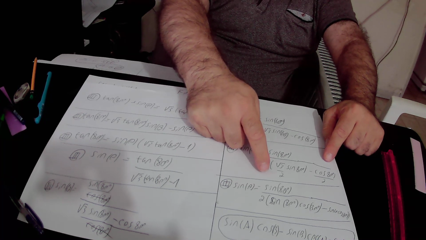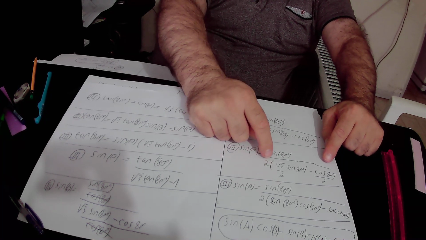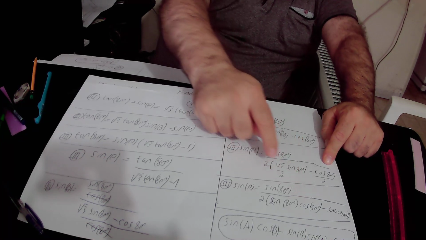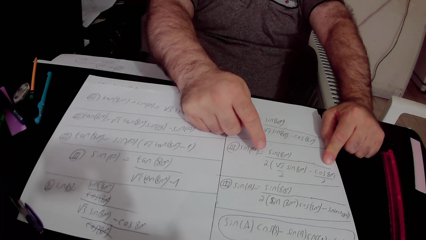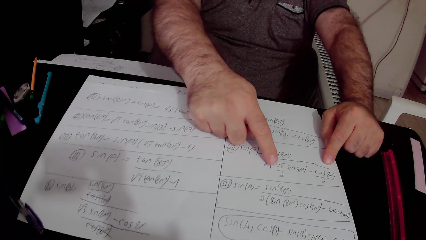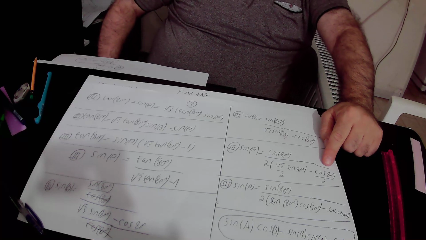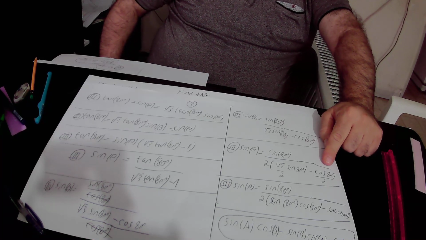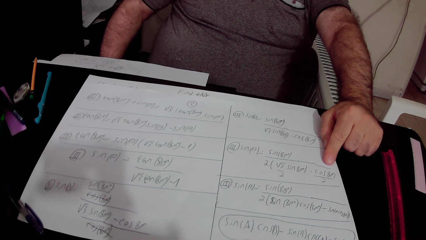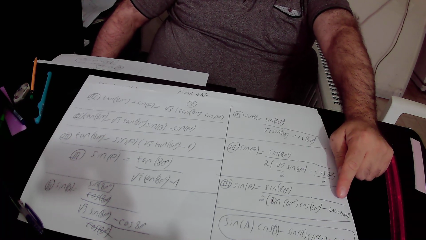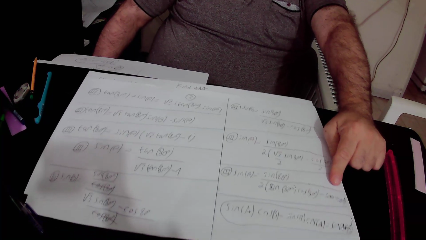And we got that sine theta equals sine 80 degrees over 2 times sine 80 degrees. We substituted square root of 3 over 2 by cosine 30 degrees, because cosine 30 degrees equals square root of 3 over 2, and minus cosine 80 degrees, and we substituted 1 over 2 by sine 30 degrees. Why? Because sine 30 degrees equals 1 over 2.